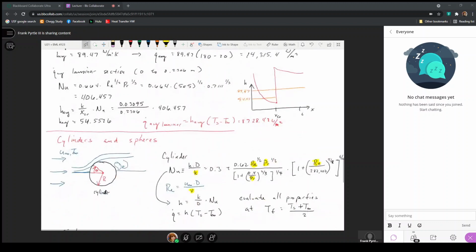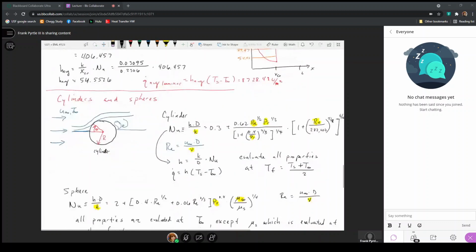And so we considered also that external flow applies not only to the flat plate, but also to cylinders and spheres that have fluid flowing over them. But due to the way that the fluid interacts with those surfaces as it moves over the surface, we have different expressions of the correlations that are used to define the Nusselt number.